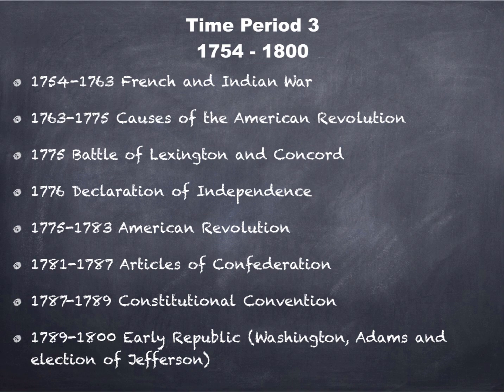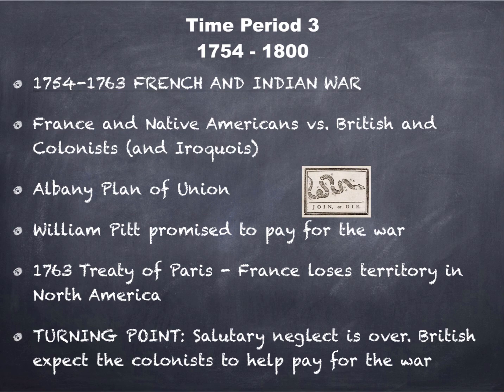All right, so let's start with the French and Indian War, again, also known as the 7 Years' War. It is a battle between the French and the Native Americans versus the British and the colonists. The only Native American group that sided with the British were the Iroquois. They were fighting in the Ohio River Valley region.